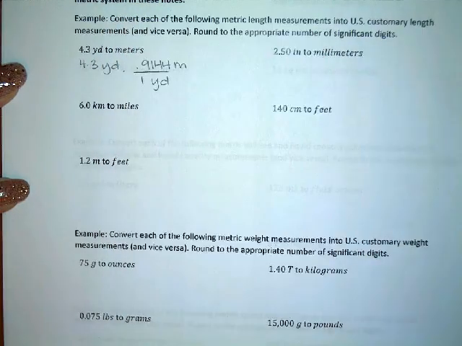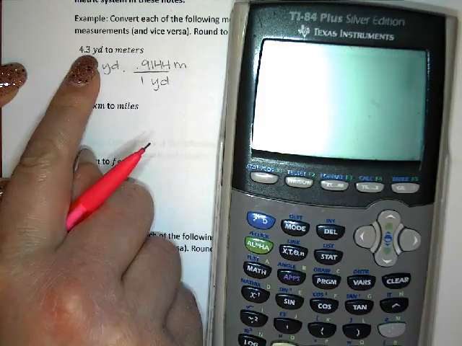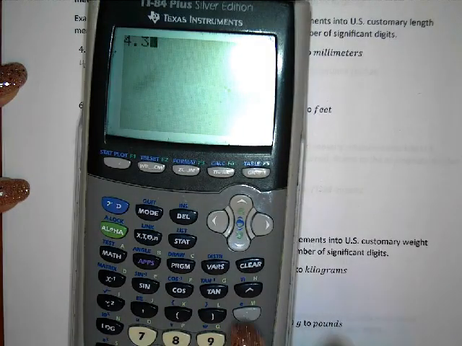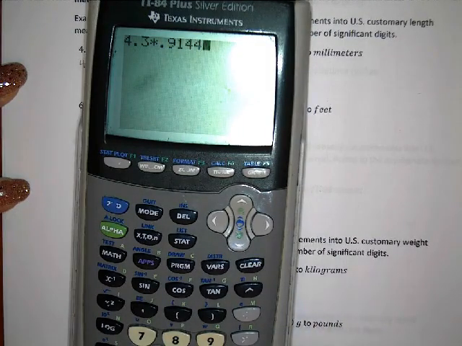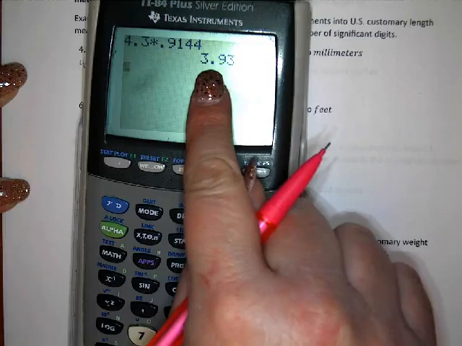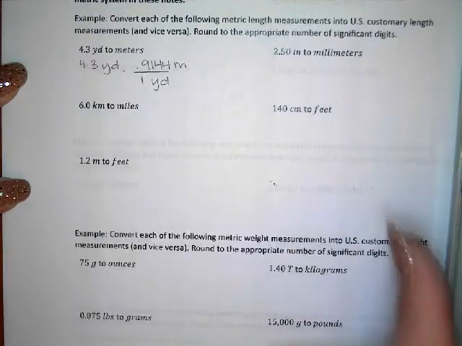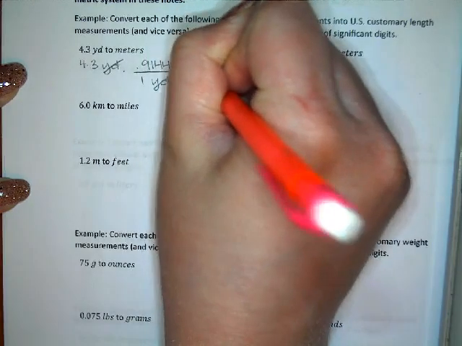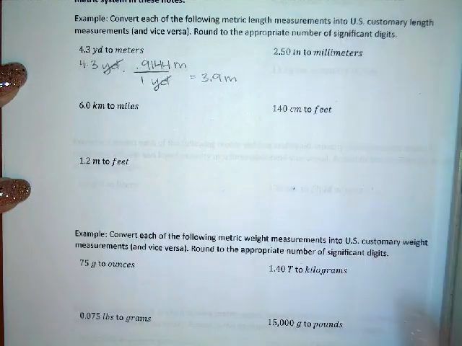The number has 2 significant digits, and so I'm going to make sure my answer has 2 significant digits. So 2 significant digits would be 3.9 meters.